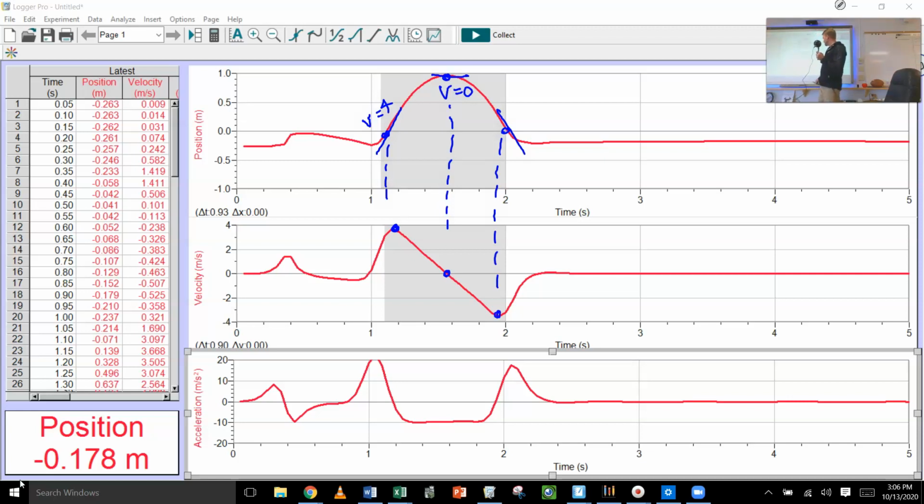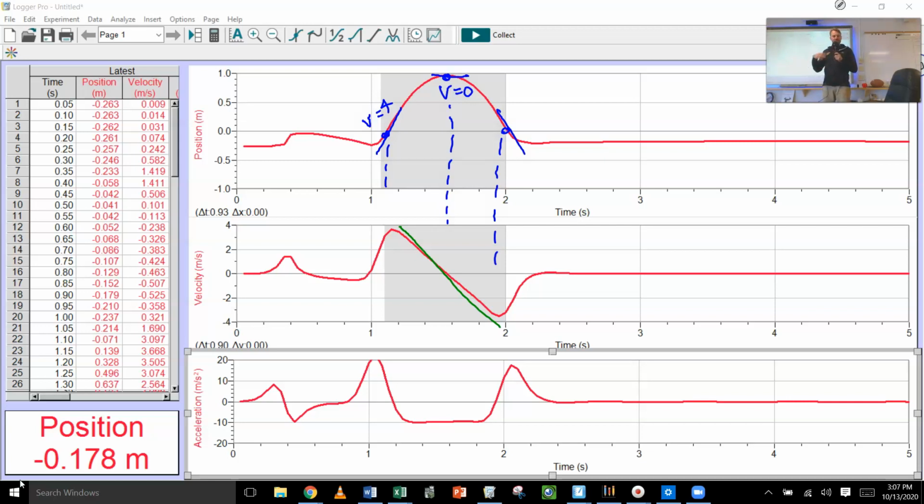And then some of the things we talked about with velocity and acceleration. Remember that acceleration is your change in velocity over your change in time. So you can see here on this graph that my velocity is changing at a constant rate.